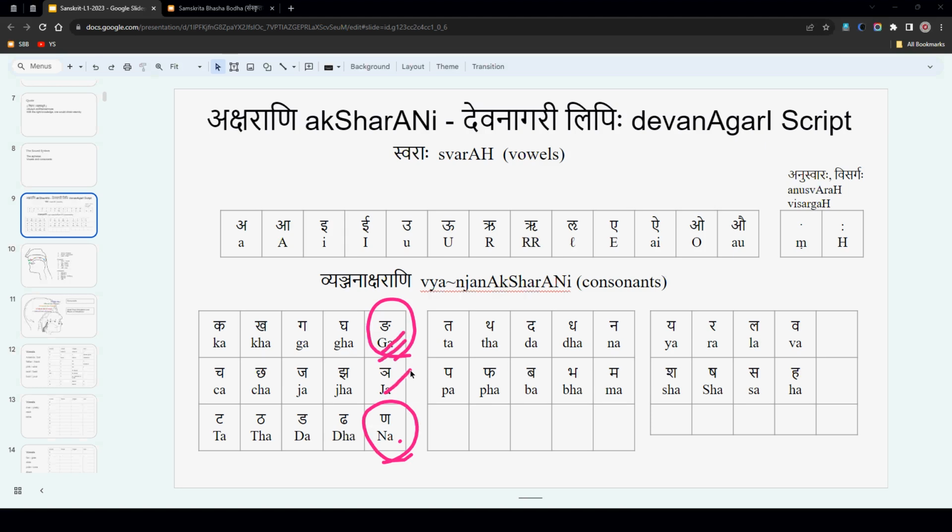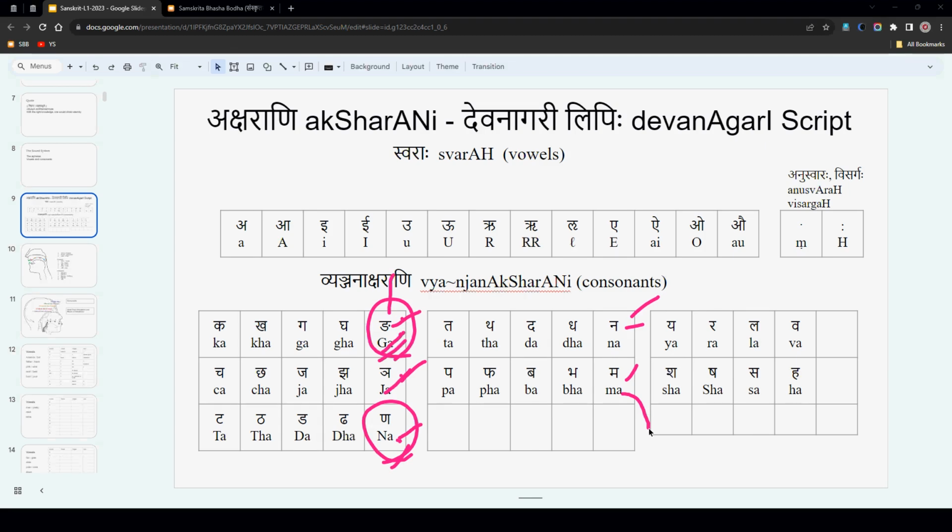So this nga, all these last in the Vargiya letters, Vargiya Vyanjanas, last column: nga, nya, na, ma. These are kantha. So this is kantha, this is talu, this is murdha, this is dantya, and this is ma, ortha, lip. But they also have the nasal part in them, right?